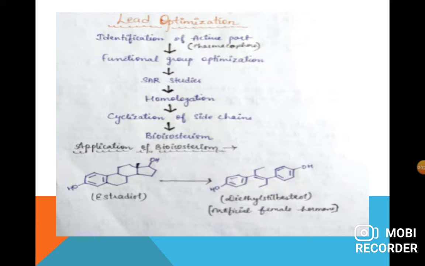Next process is lead optimization. In drug discovery, we can design the molecule complementary to the shape and size of the target site.